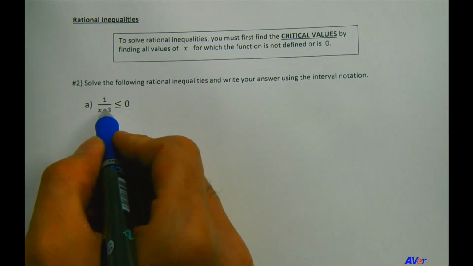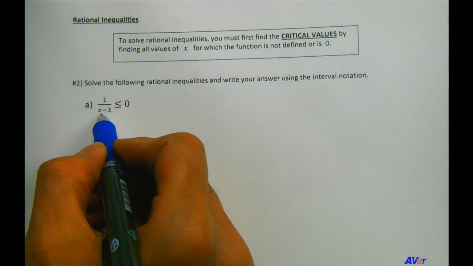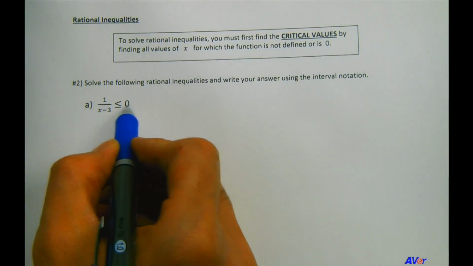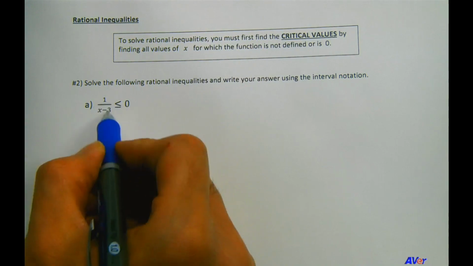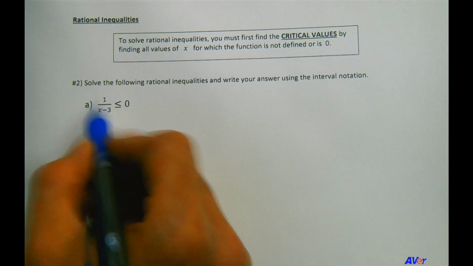In this case, this expression will never be 0, right? It will never be 0, even though it is allowed to be equal to 0, and it is allowed to be less than 0. It'll come awfully close to 0, as a matter of fact, infinitely close to 0, but it'll never be 0.